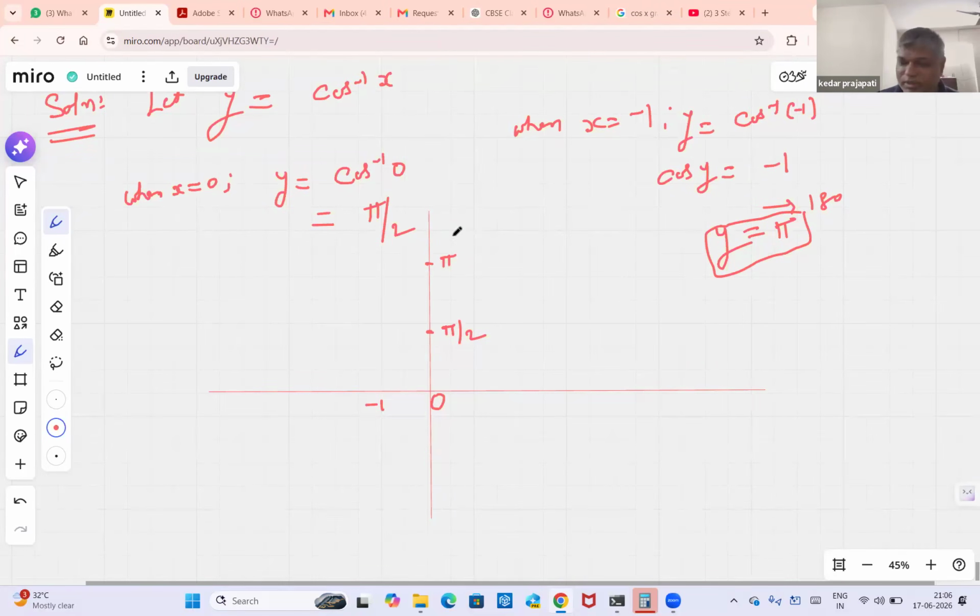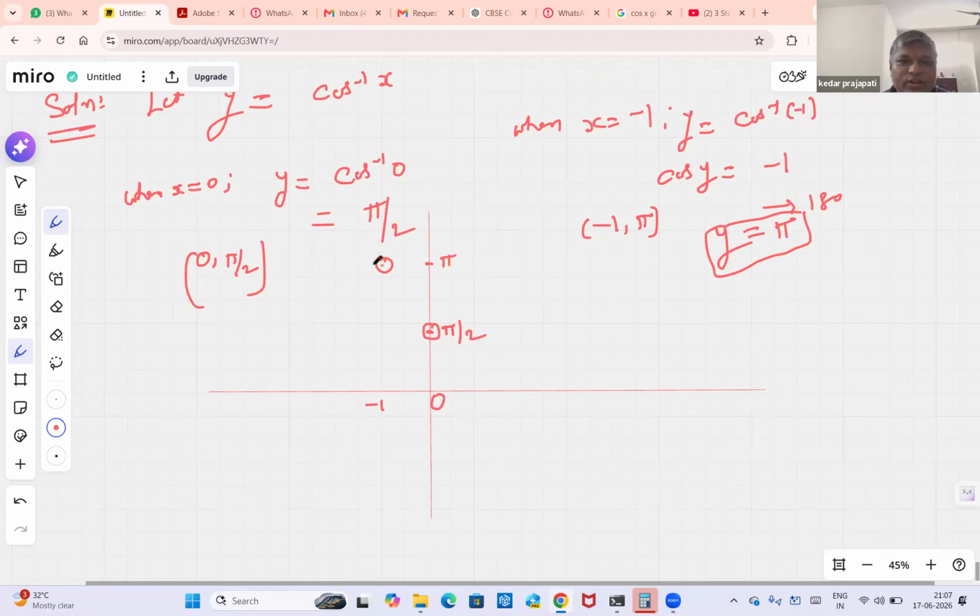So here one coordinate is 0, pi by 2. And from here, one coordinate is minus 1, pi. So this is my coordinate. Clear? So my question is done.